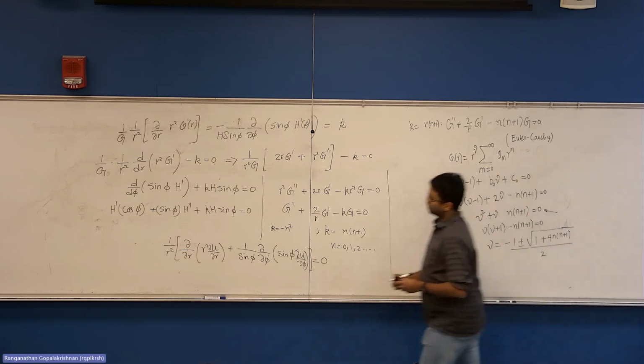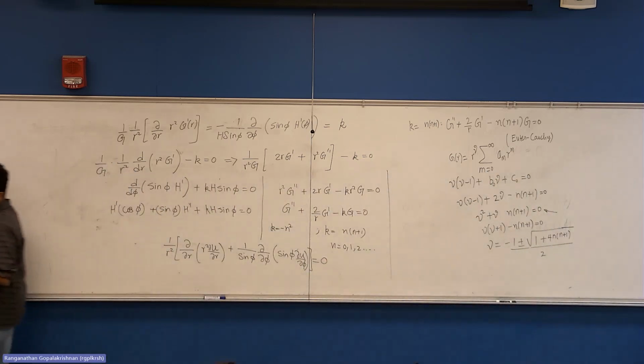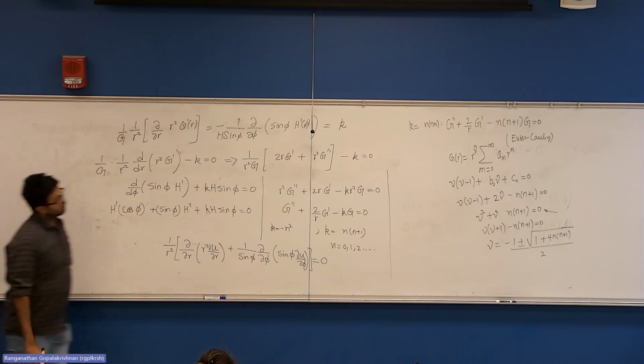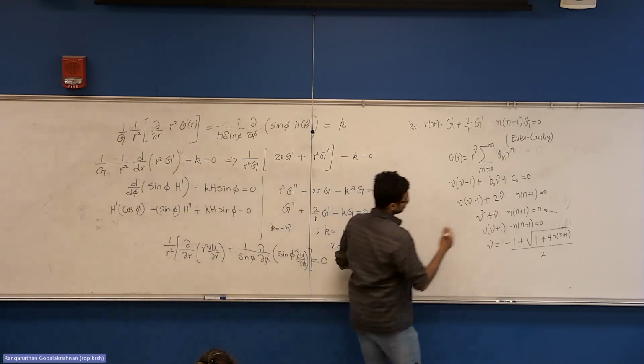But let's just think what values of n will actually simplify this. Nu times nu minus 1, plus 2 nu, so nu squared plus nu. What we have here is nu squared plus nu.